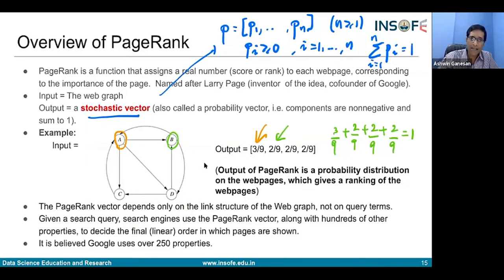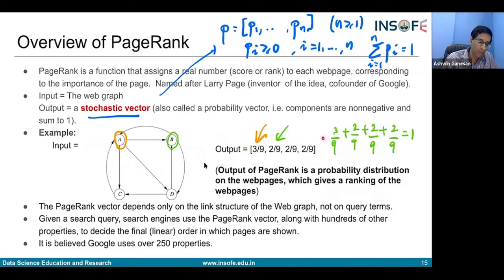Now keep in mind that this ranking of the web pages depends only on which web pages point to which other web pages. It does not depend on the query terms. Of course, which words you enter in your search query is also extremely important, and there's another ranking called content-based ranking, which is also computed by the search engine.